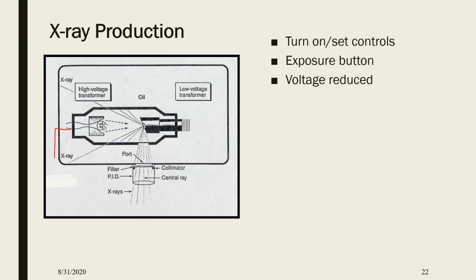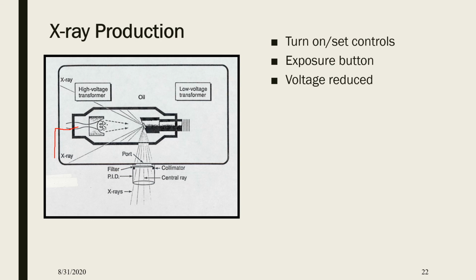From the outlet, the step-down transformer will reduce the voltage from 110 volts to 3 to 8 volts, and then electricity will enter the filament circuit.